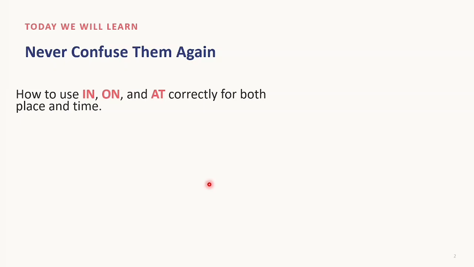As you know, these three prepositions are used for place and time, and today we will know in which place, what time. By the end of this video, you will never confuse them again. Of course, it will be very clear for you.